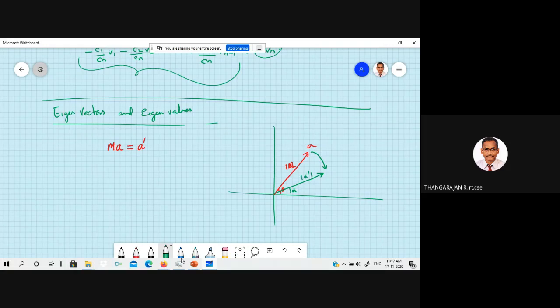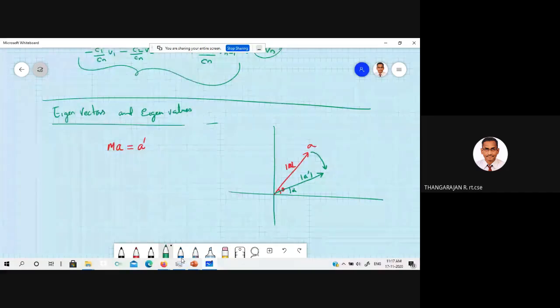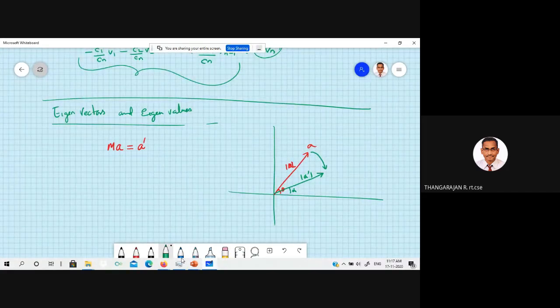Okay. Now, that is happening because of this matrix. This matrix is applied on this vector, and that matrix has rotated the vector and also scaled the vector.